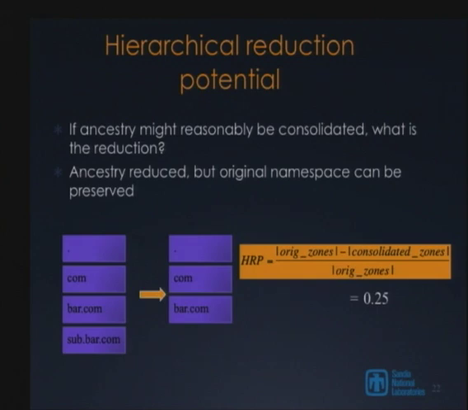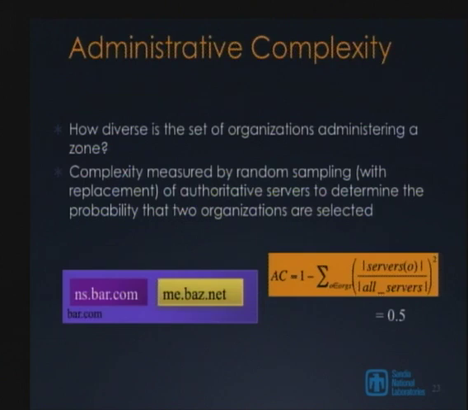Well, if you're really running both the bar.com and sub.bar.com zones, and you just have these 2 different zones for administrative reasons, could you feasibly roll those into one, so that www.sub.bar.com was actually in the bar.com zone? What that does is eliminate another place where things can go wrong, and so in this particular case the reduction is 0.25.